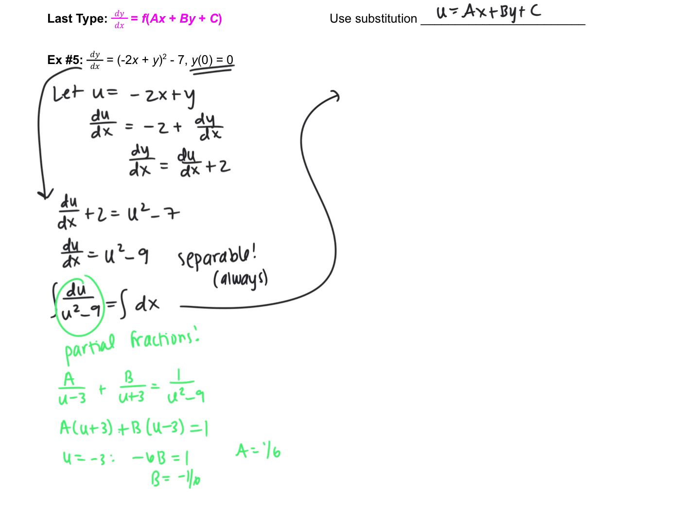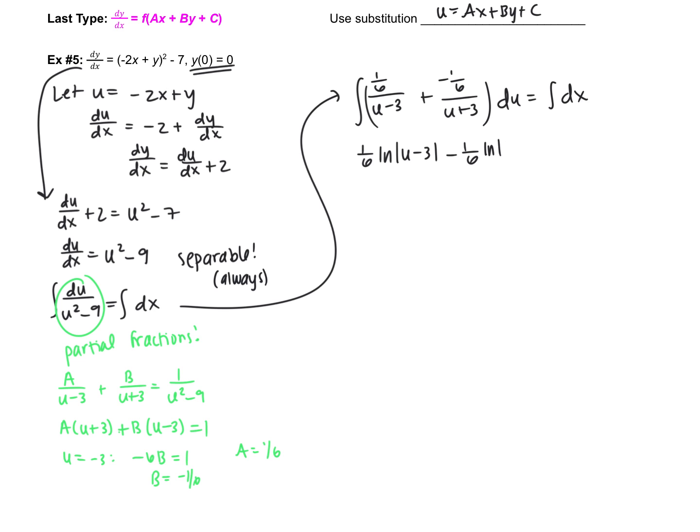Okay, so where that takes us then, we have the integral of 1/6 over u - 3, + negative 1/6 over u + 3, all of that du, is equal to the integral of dx. So this gives me 1/6 natural log of absolute value of u - 3, - 1/6, oops, forgot my natural log there, natural log of absolute value of u + 3 is equal to x + c.